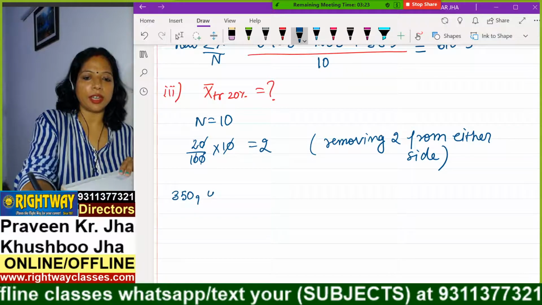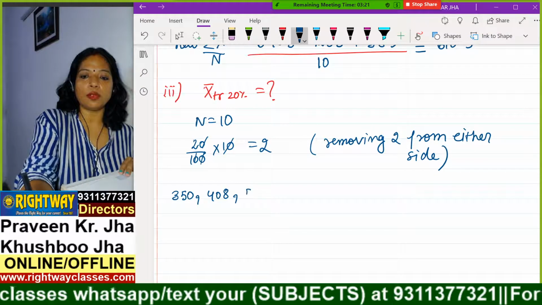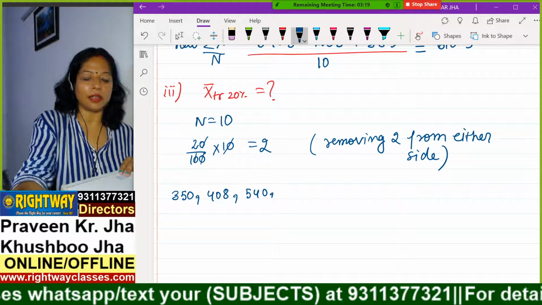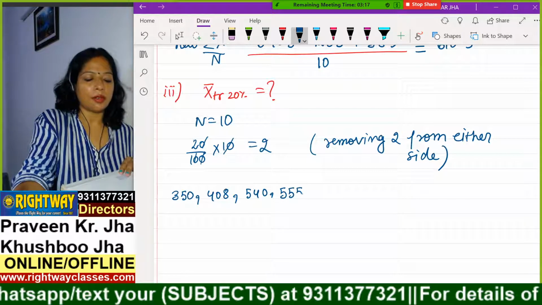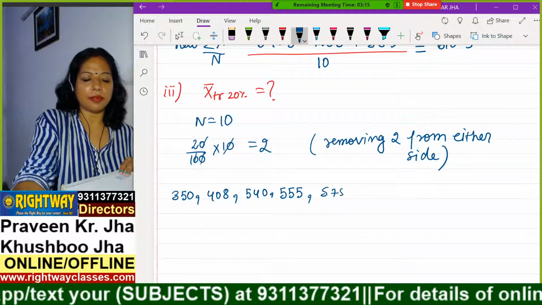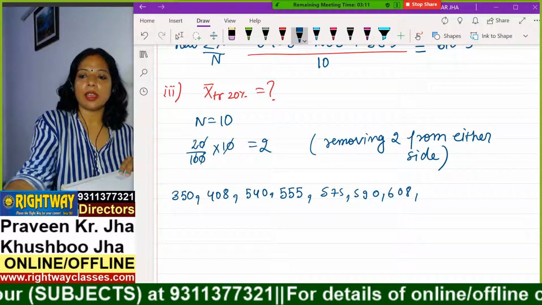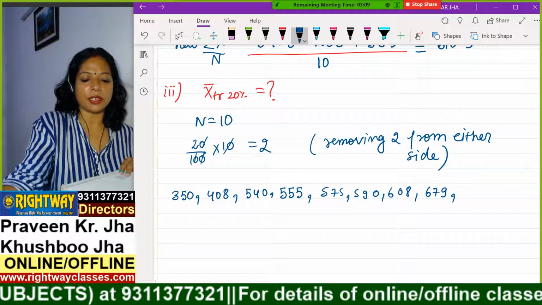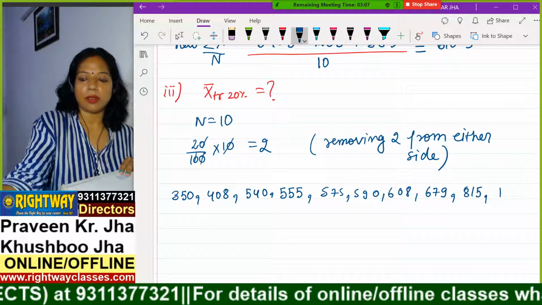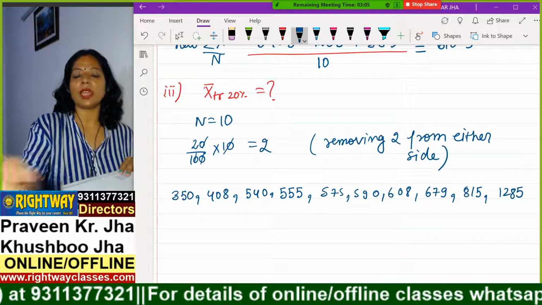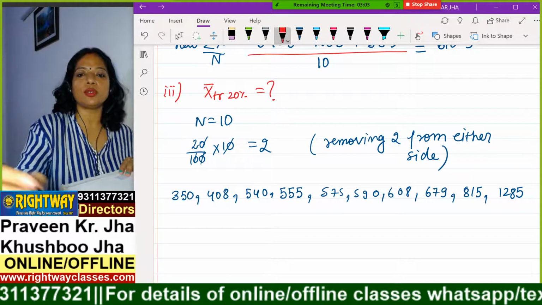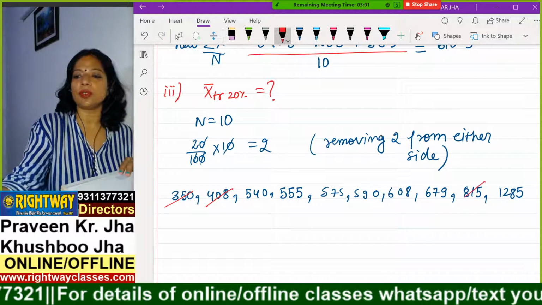I have already done it, it's an unsolved question from your book, so I did it previously. 555, 575, 590, 608, arranging all the values, 679, 1285. Now removing 2 from each side.